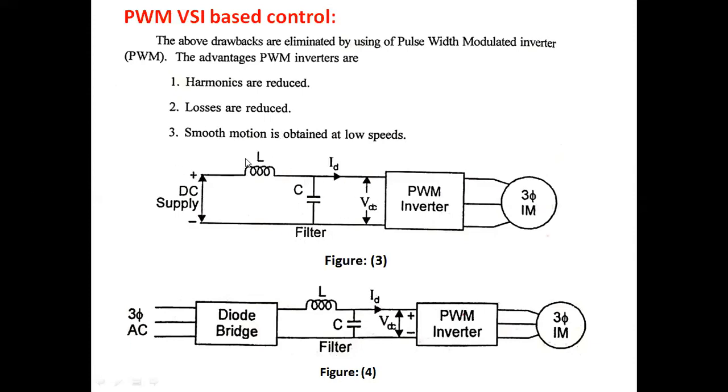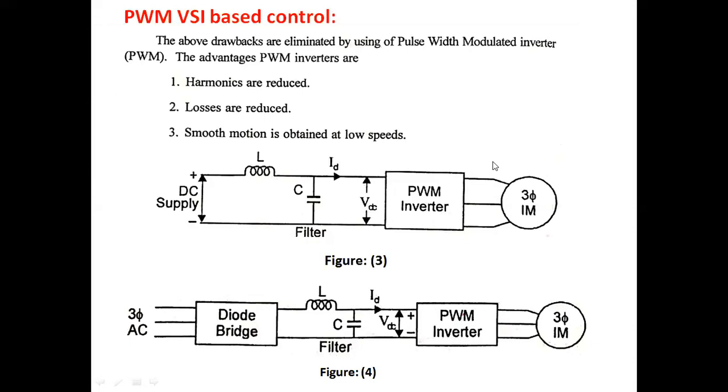So this filter removes the ripples in the DC supply, and after removing the ripples, I'm connecting the DC supply to the input of the inverter. This is a fixed DC again, and this fixed DC is now converted into variable AC, with variable voltage and variable frequency.